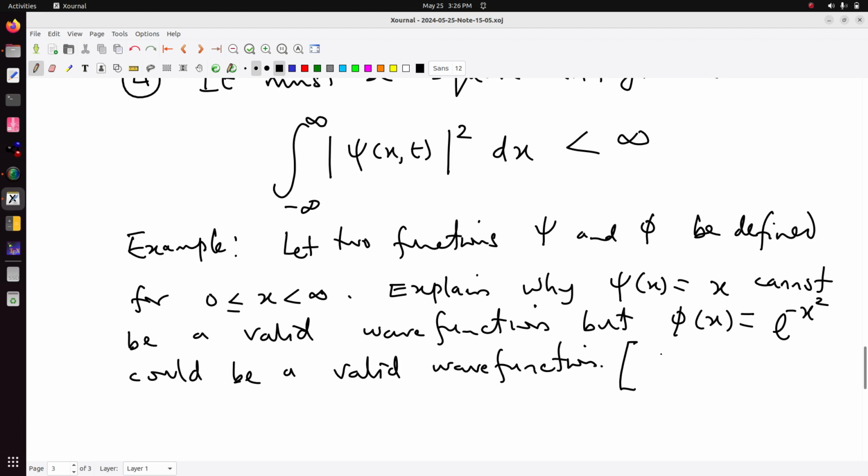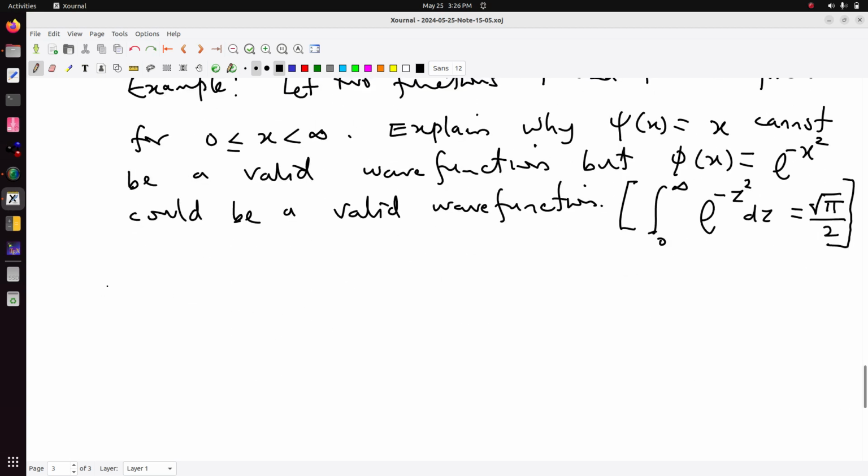Hint: the integral from 0 to infinity of exponential minus z squared dz equals square root of pi divided by 2.